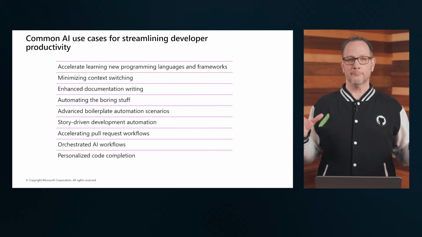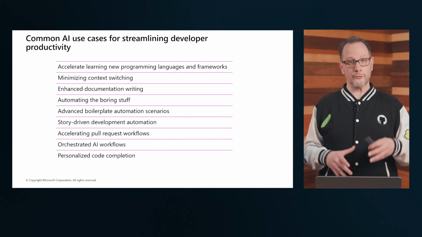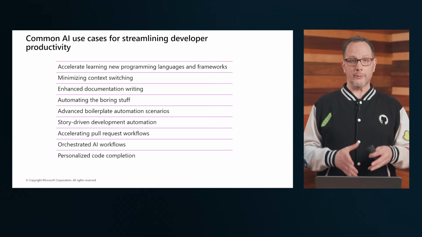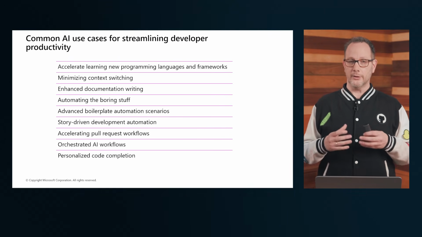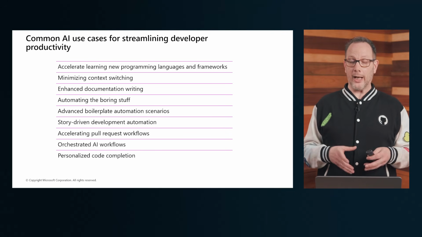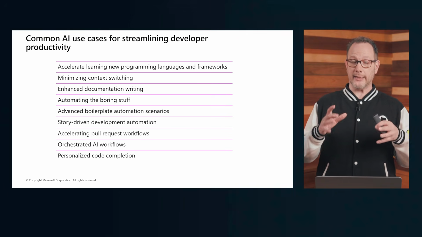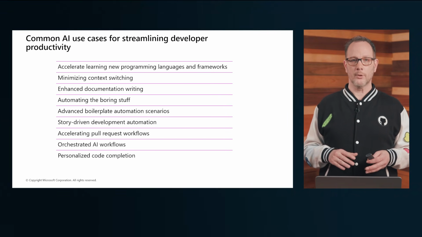Now, before all that, let me start by sharing some of the most common and impactful use cases of generative AI throughout your development cycle. These scenarios go beyond autocomplete, and they get into how exactly AI can support deeper parts of your workflow.